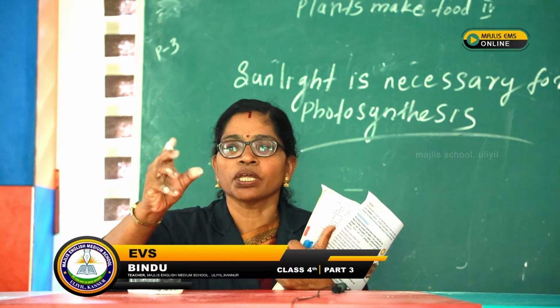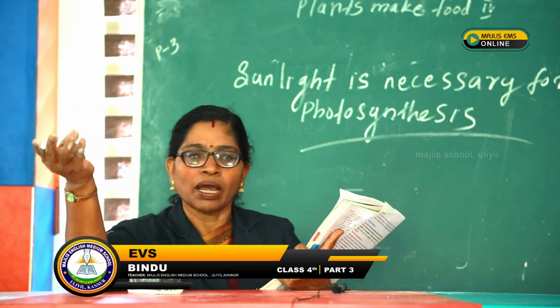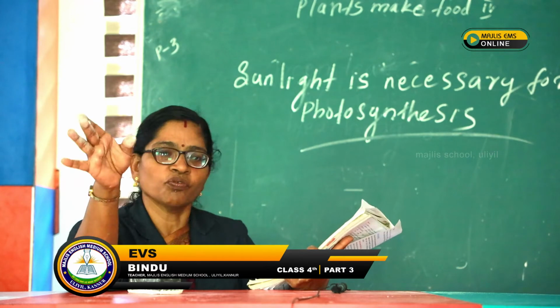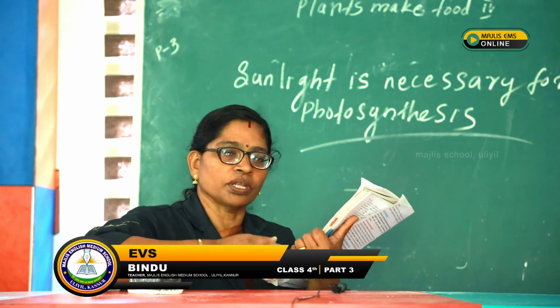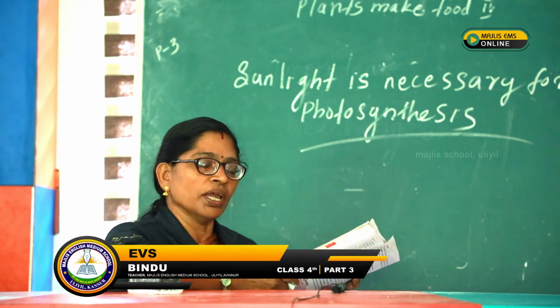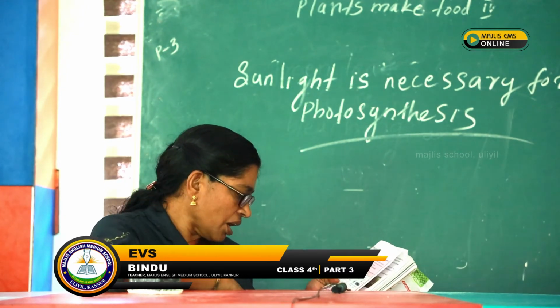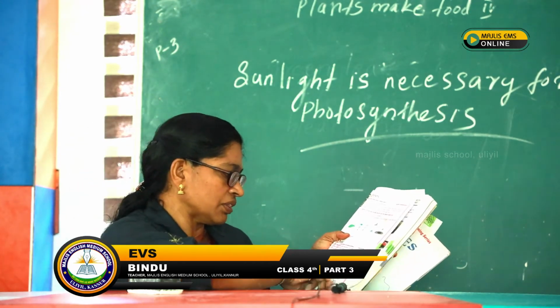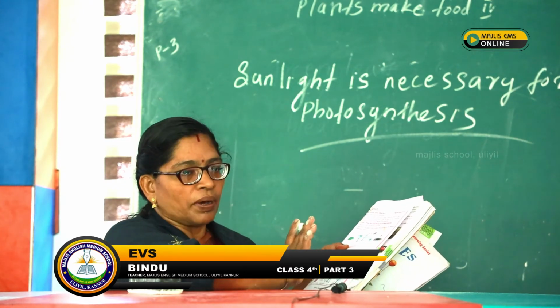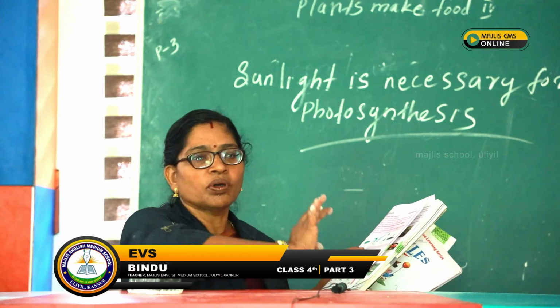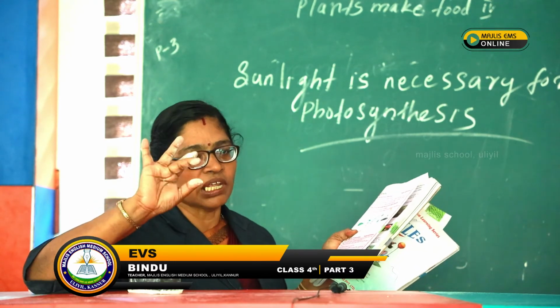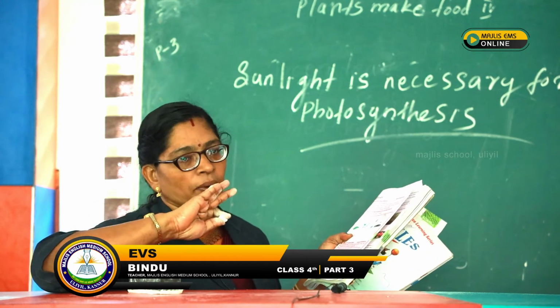So, you take a healthy plant and put it in a dark room for 24 hours or one day, without getting sunlight, and then you cover one of its leaves with black paper.